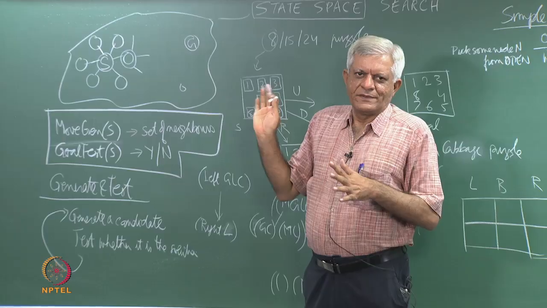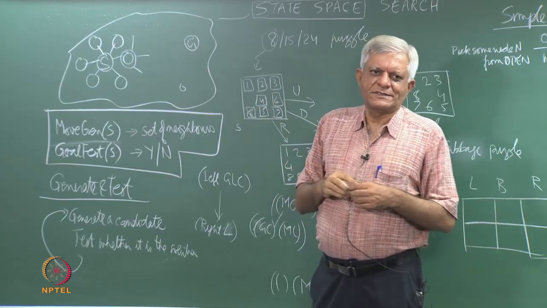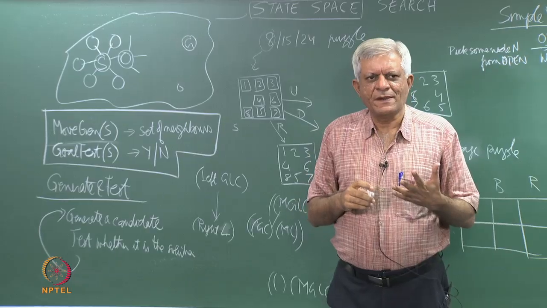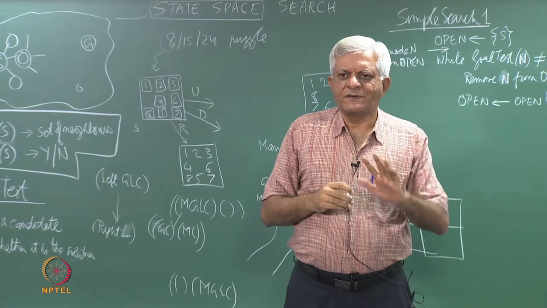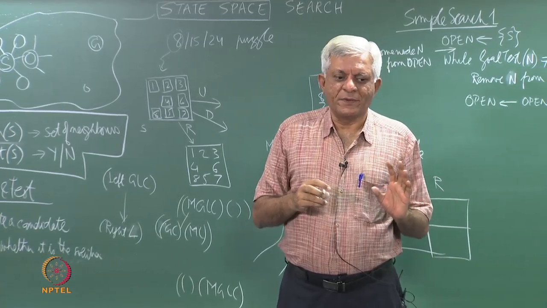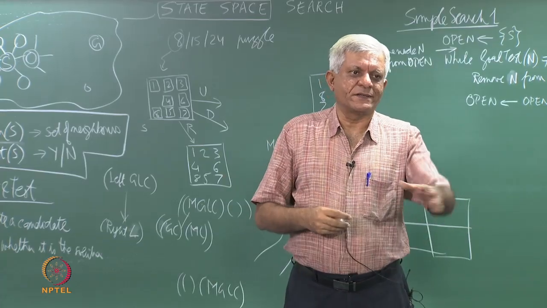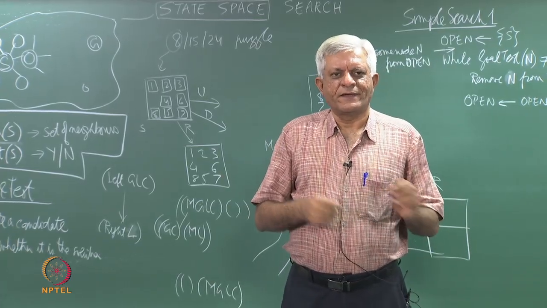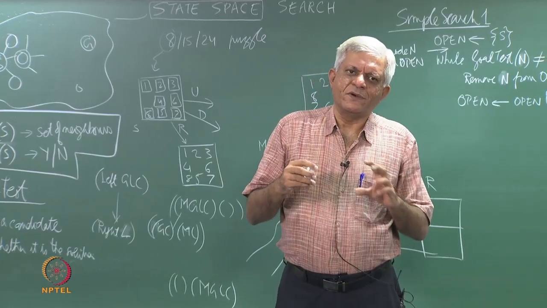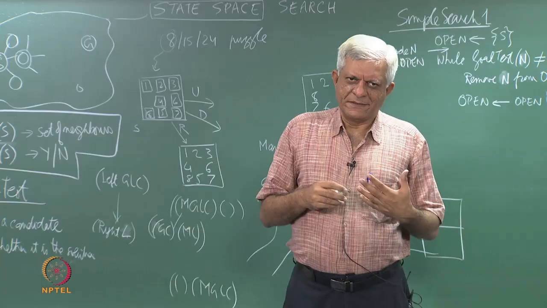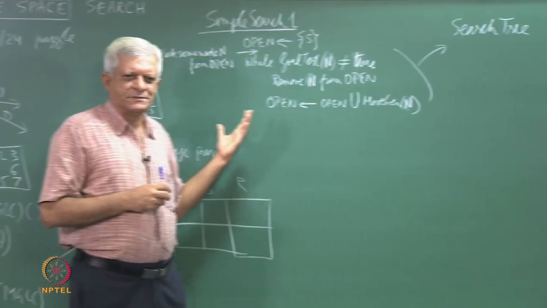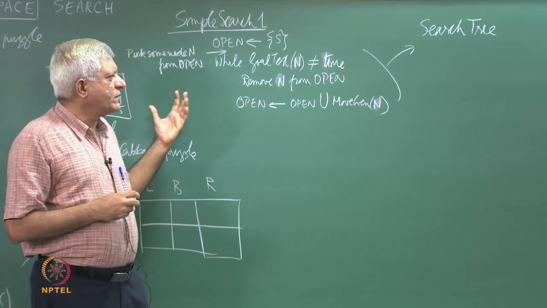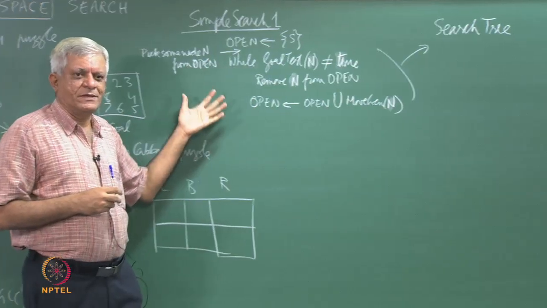So, it is basically the graph search algorithm that you must have encountered elsewhere. The only difference here is that the graph is not given to you, nobody says that this is the entire graph for the Rubik's cube for example, and then find a path. You have to generate the graph on the fly, and that is what generates the search tree essentially. Okay. So, we can visualize what is happening with this algorithm.